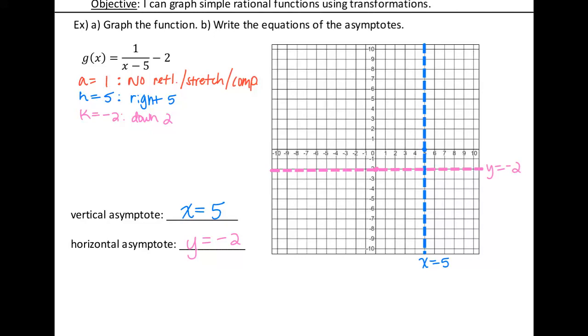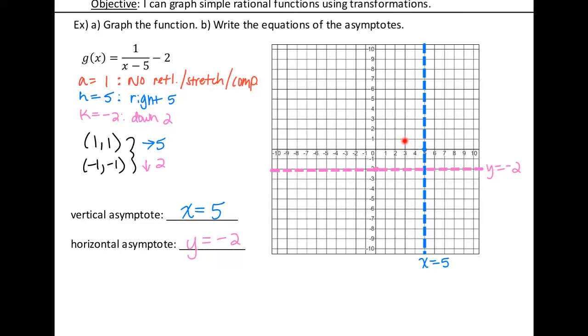All right, then we're going to take our 2 coordinate points, 1, 1 and -1, -1. And this time, no stretch, compression, or reflection, but I am going to go to the right 5 times and then down 2 times. So go to the point 1, 1, go to the right 5, down 2.